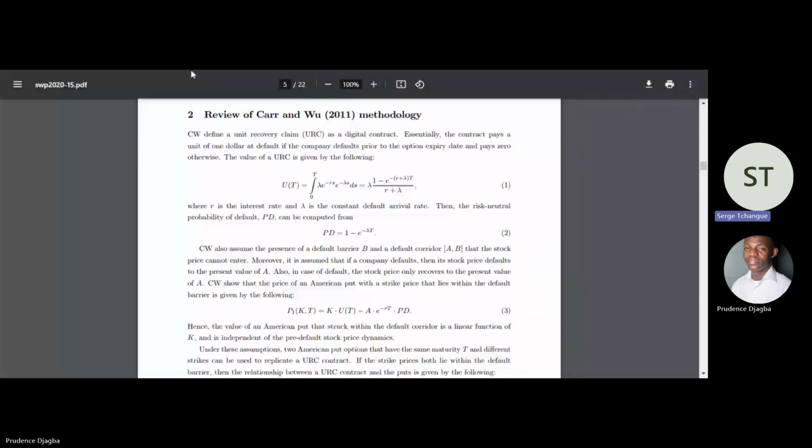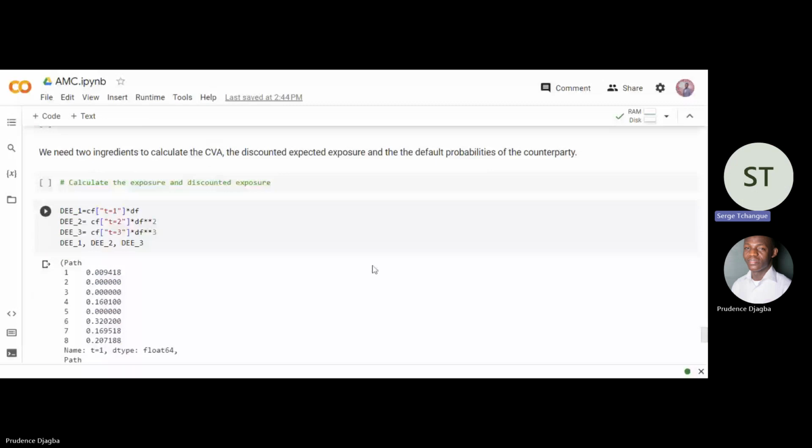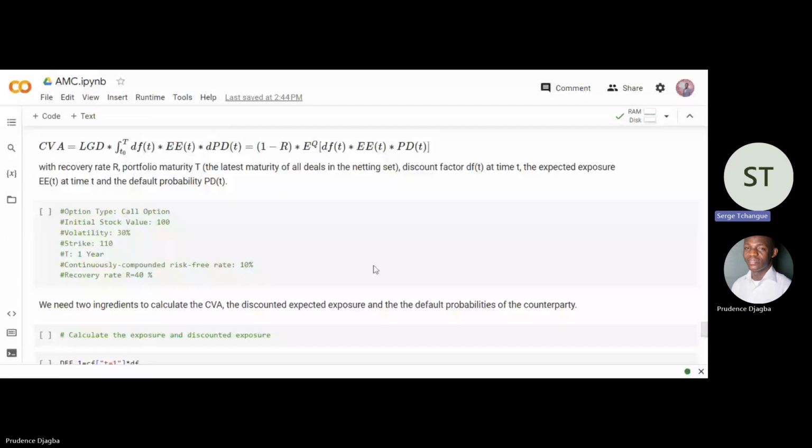To get the probability of default when you do CVA, you use CDSs. You use the CDS spread. So if you're trading against, I don't know, Barclays, or RMB or any company, you go and see how much the CDS is on them, and from those CDS you can extract probabilities.